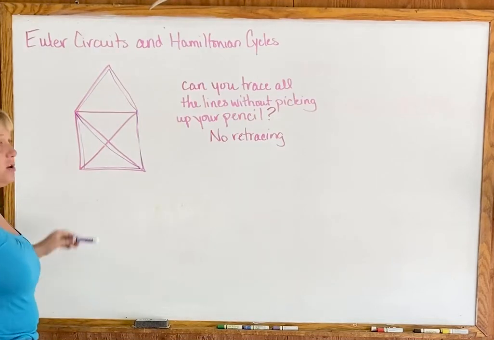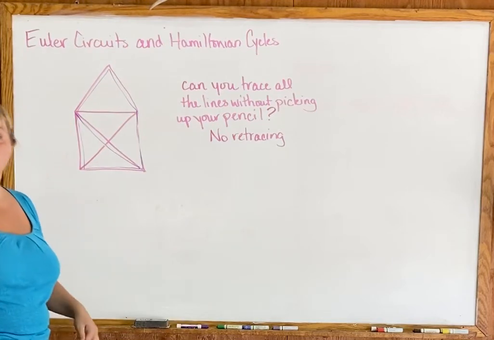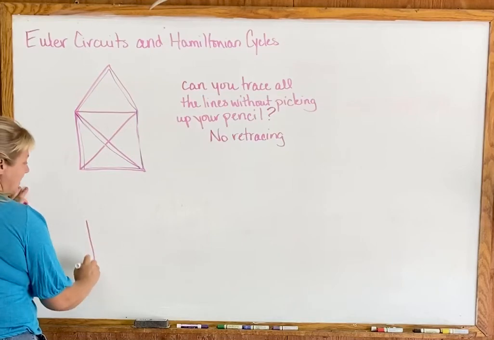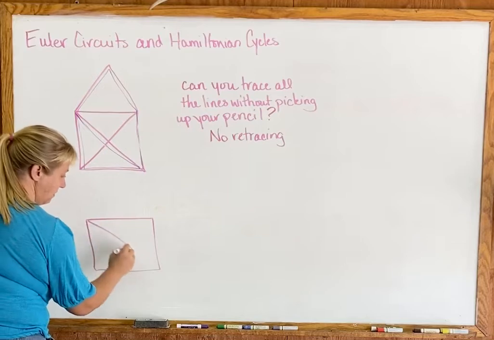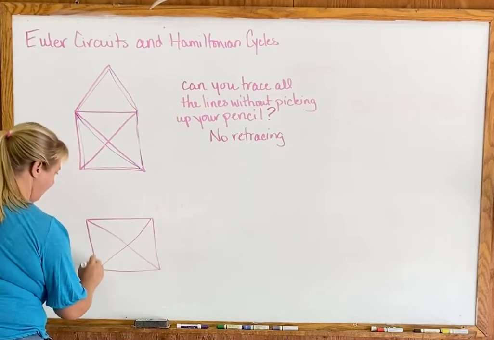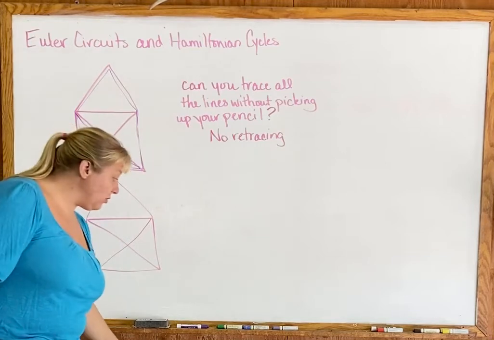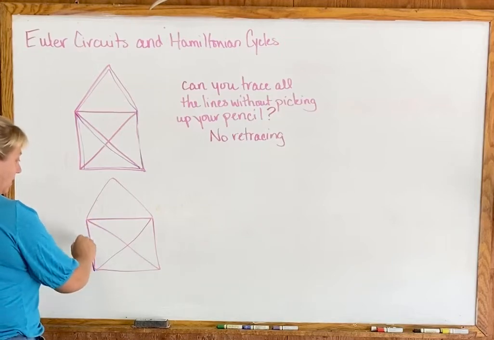You could sit here and fiddle with this for quite a while trying to figure out if you can do this or not. But once we understand the ideas behind this problem, I can tell you that yes, you can trace this one without picking up your pencil or retracing, if you start here.